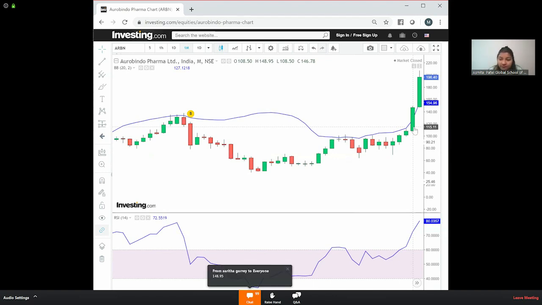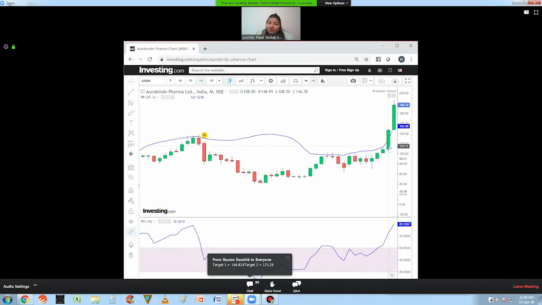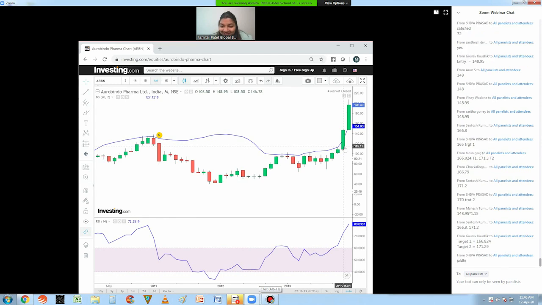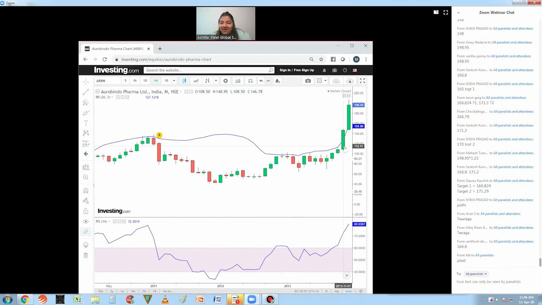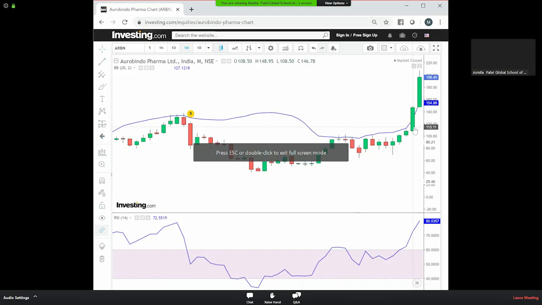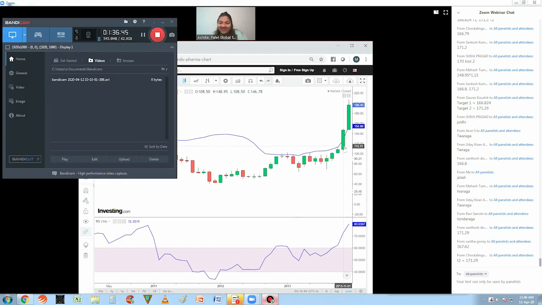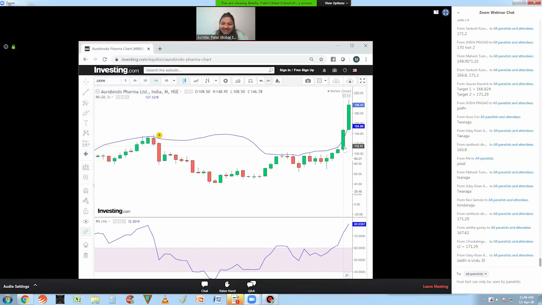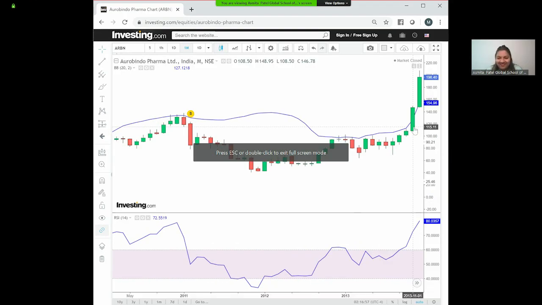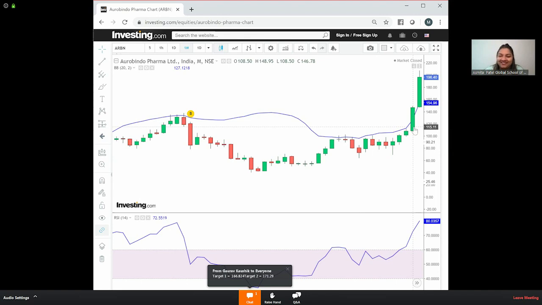We will trade this. We will not trade anything here. We'll trade this. Then we'll not trade Maruti for 4 years. Then again we'll trade this. Then again we'll trade this. And then we'll not trade this. Sounds good?